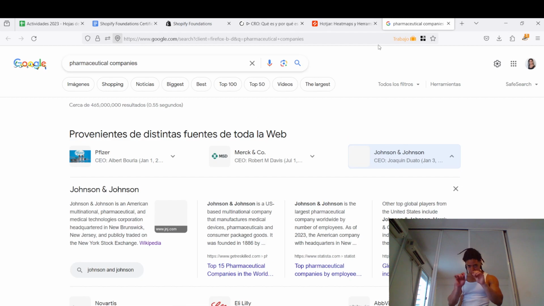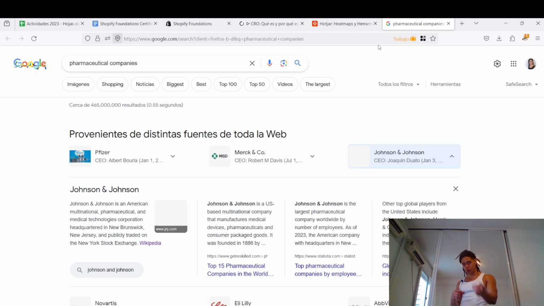Okay, so for a heavily regulated industry like pharmaceutical, Pfizer and Johnson and Johnson are both North American multinational companies.